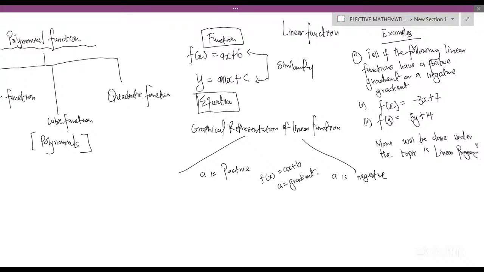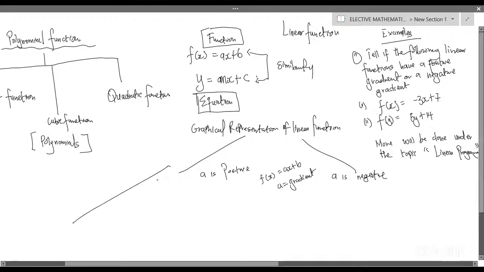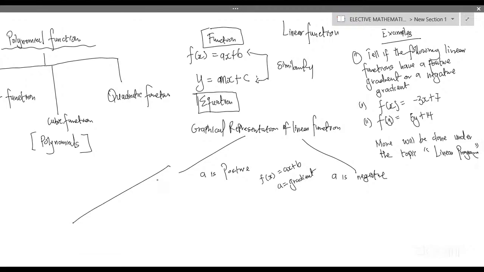Okay, so as I was saying, anytime you are drawing a graph and you realize that your graph is moving this way, it should tell you that your graph is a linear graph. And when it's going that direction, your a is what is negative.